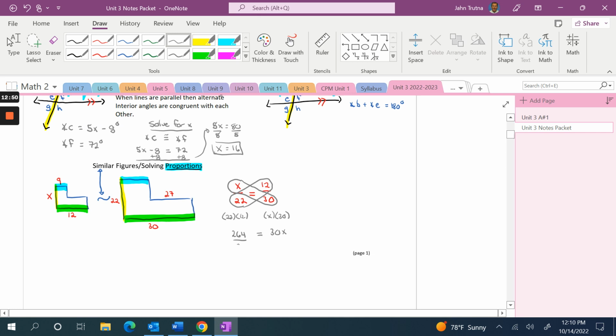Then we divide 264 by 30 to find the value of x, and thus solve the proportion. 264 divided by 30 is 8.8. So that is what x is. There's an example of setting up proportions when the shapes are similar in order to solve for a missing value like x. Okay, take down all these notes, be accurate, be thorough, don't miss anything.